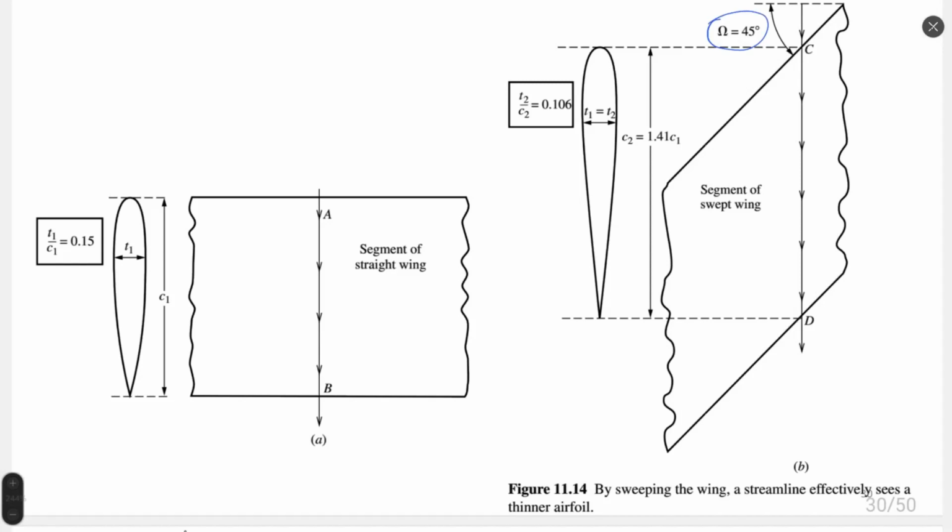The cross section normal to the border of this wing is still a thick airfoil, the same as you can see on figure A. So it has all the advantages of a thick airfoil. But being inclined, and now building the projection of this wing on the flow direction on figure B, we see that the thickness of this wing is significantly smaller, so it can fly faster.